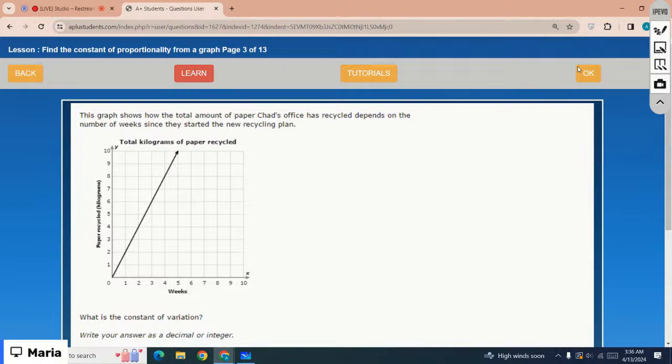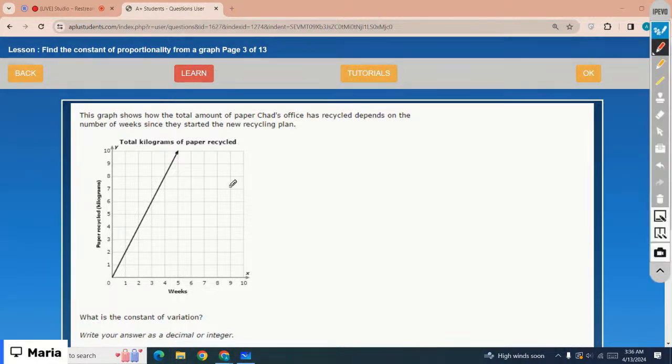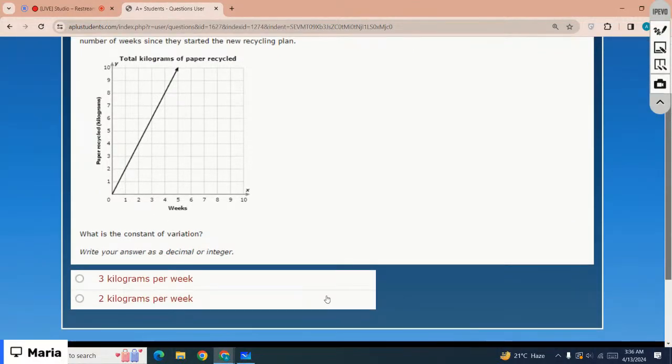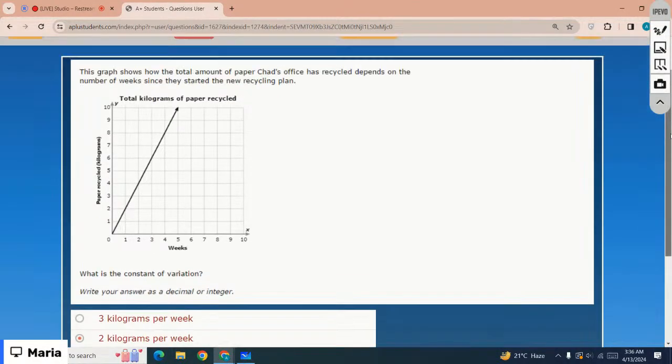Which is the correct option? You have to calculate change in y divided by change in x. How do you calculate? The correct option is 2, right? 2 kilograms per week.